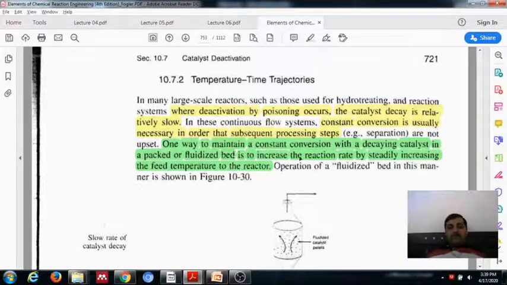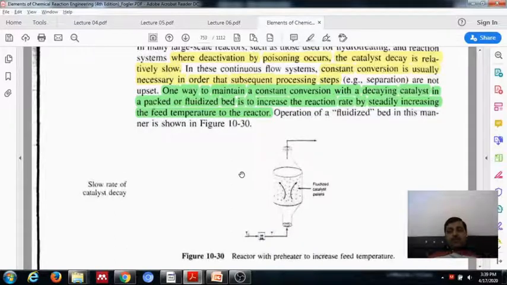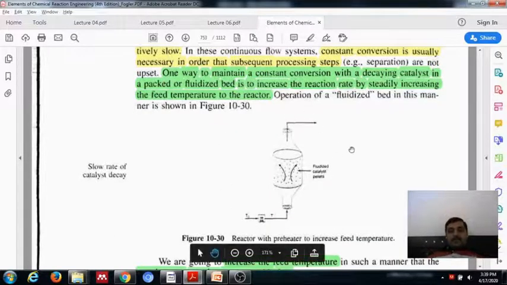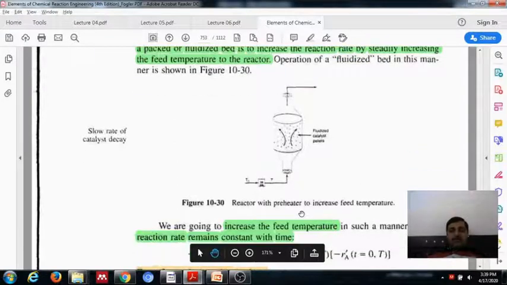One way to maintain a constant conversion with the decaying catalyst in a packed bed or fluidized bed is to increase the rate of reaction by steadily increasing the feed temperature so that your conversion is not hampered and returns to the constant value. So here we are considering a fluidized bed in the manner which is shown here in the reactor.